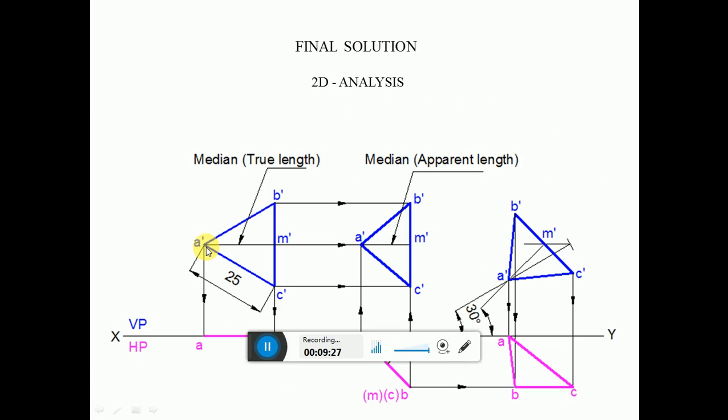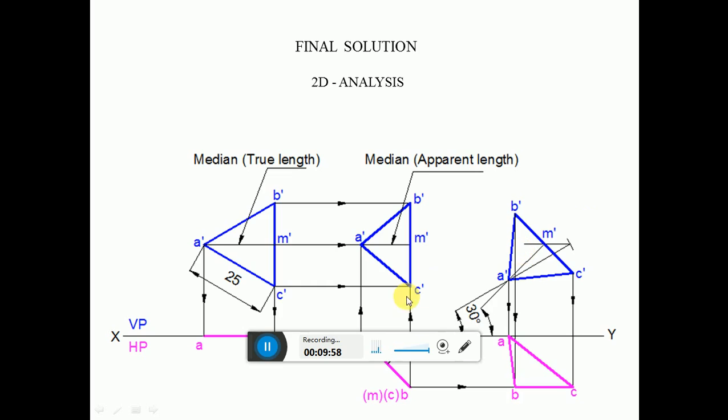So in this 2D analysis, this is the final sketch you have to draw in the examination. First you consider a 25 mm triangular lamina resting on one of its corners on HP, with the median passing through the corner on which the lamina rests inclined at 45 degrees to VP and 30 degrees to HP.